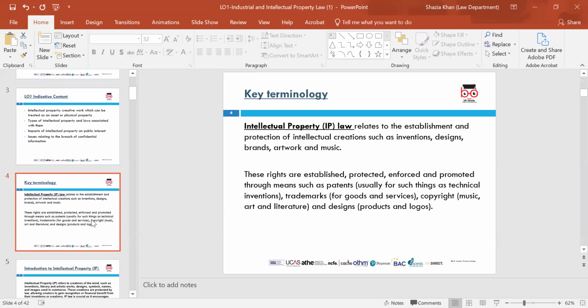Key terminology: intellectual property relates to the establishment and protection of intellectual creations, such as inventions, as we mentioned, designs, brands, artwork, and music. These are rights established, protected, and enforced through patents, trademarks, copyright, trade secrets, and designs.